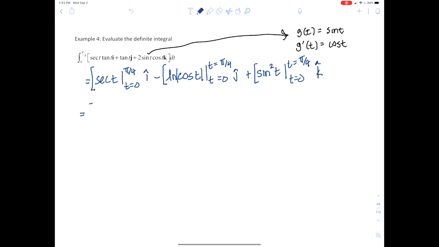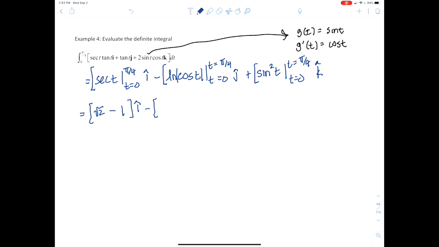So secant at pi over 4 is root 2, so we get root 2. And secant at 0 is 1, so we'd have minus 1, and that's times i.